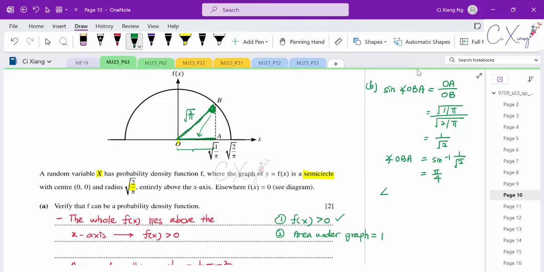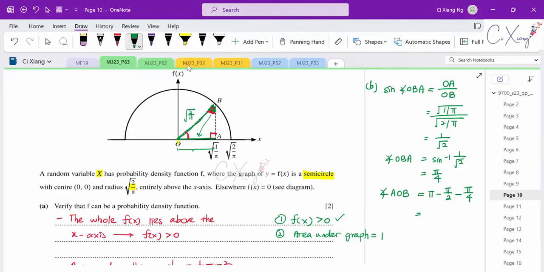Then finally I want to find the angle AOB. You should know that the total angle inside a triangle should be 180 degrees or pi. So if I want to find the angle AOB, I can take pi, 180 degrees, minus the right angle, 90 degrees, minus the angle OBA that we found just now, pi over 4.